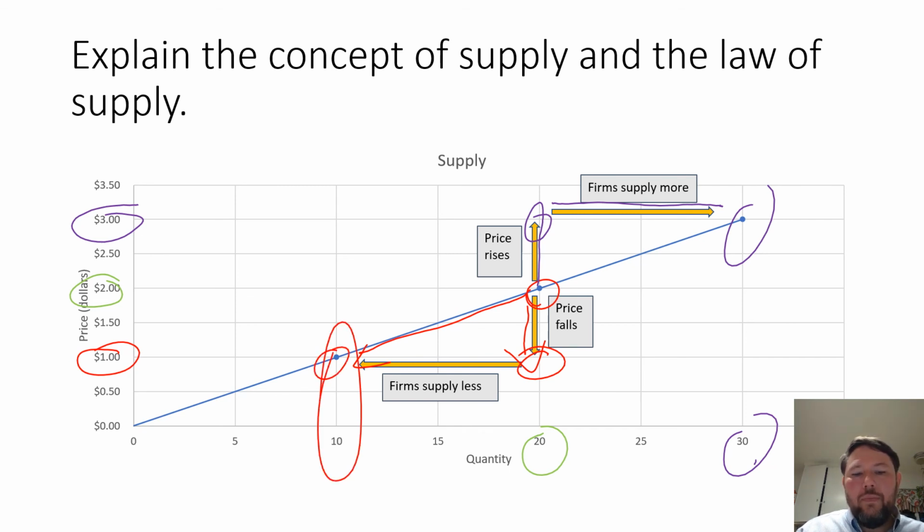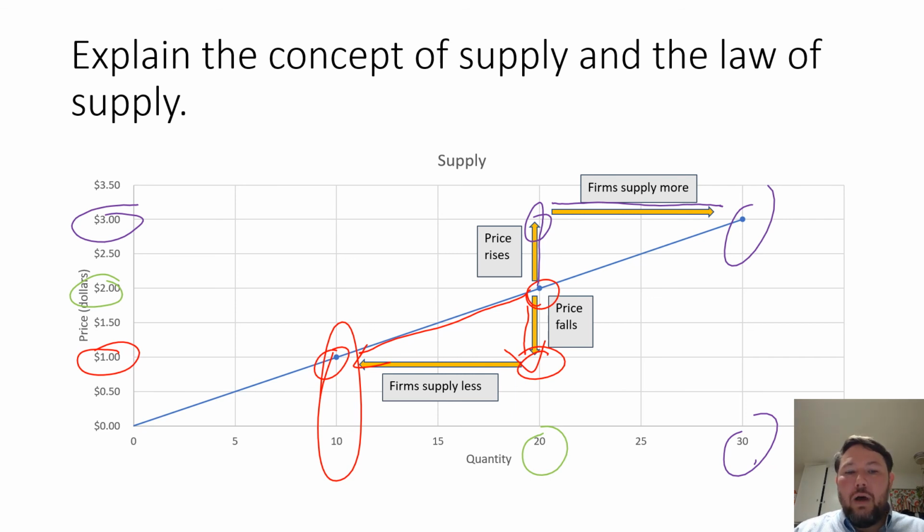So at $1, we may be saying to ourselves, it's not really worth a lot to put a lot of effort into bottling water when it's only $1 a bottle. We may be only making 3 cents on the bottle, so we're not going to do that. Whereas at $2, we may be making 75 cents, and at $3, we may be making $1.10.